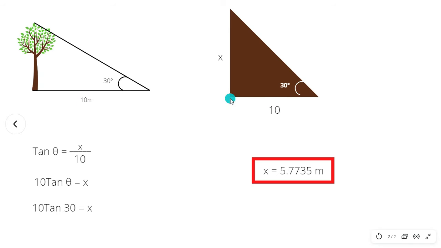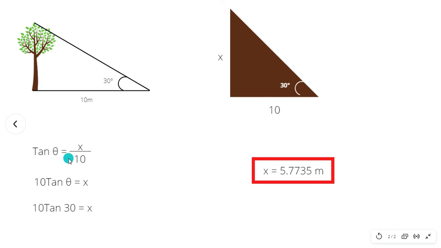That is the distance between the person that is standing right here and the tree, and the inclination of 30 degrees. Knowing these three data, we can relate it with a tangent function.